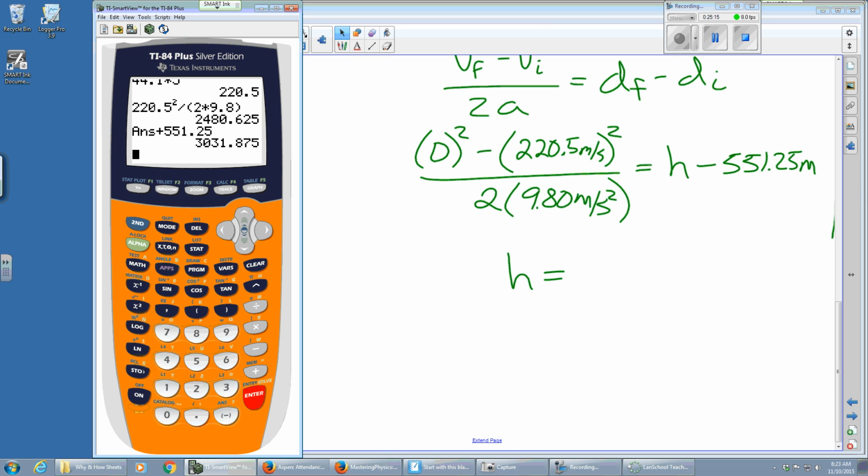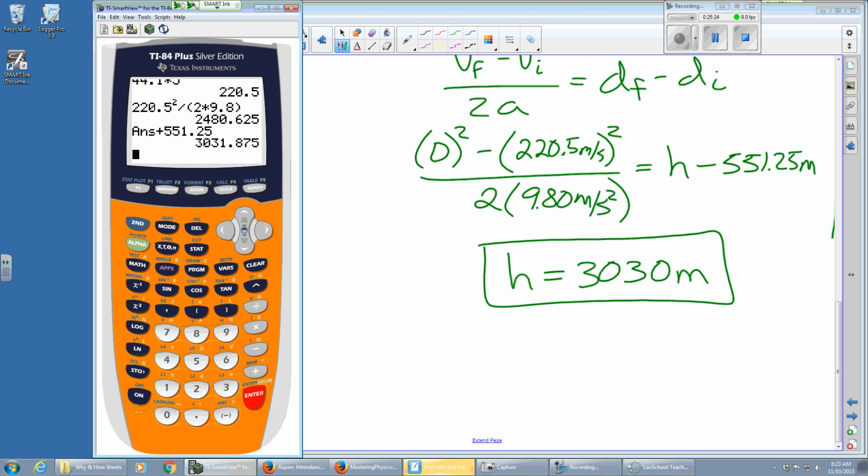So I get 3030 meters. Seems to make sense because before it was accelerating at 45, which is about 4 or 5 times the acceleration of gravity, and it took about 4 or 5 times longer to go from that speed to 0.